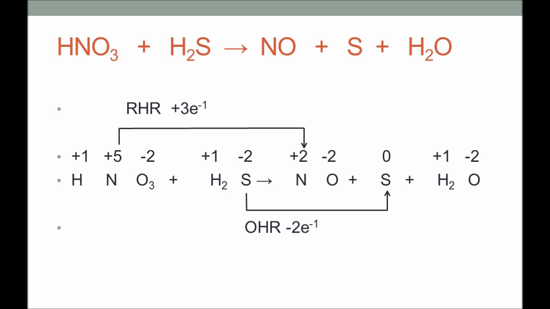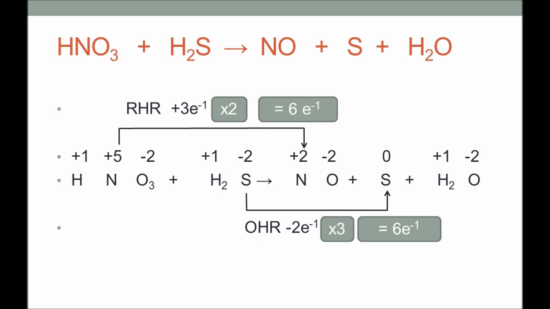So if in the oxidation half reaction, sulfide changes into sulfur, and you need to produce 6 electrons, you multiply 2 electrons by 3, which will produce 6 electrons. Similarly, for the reduction half reaction, we need 3 electrons multiplied by 2, and it will produce 6 electrons.